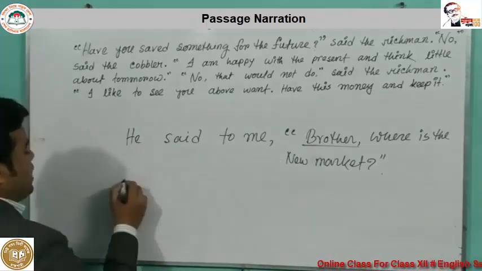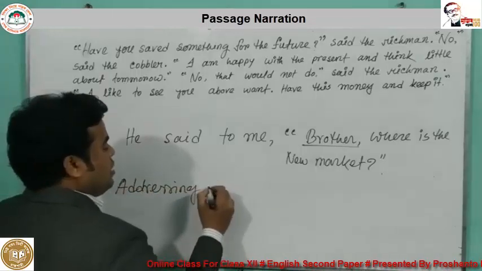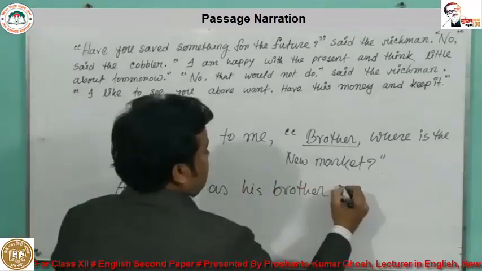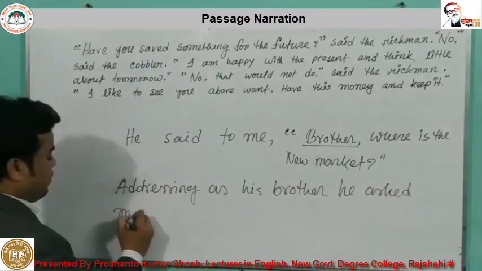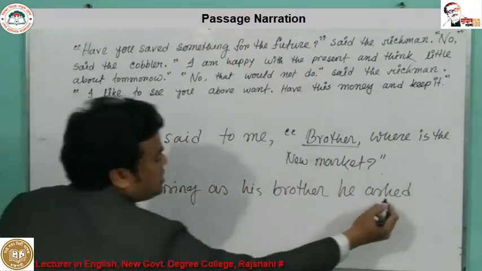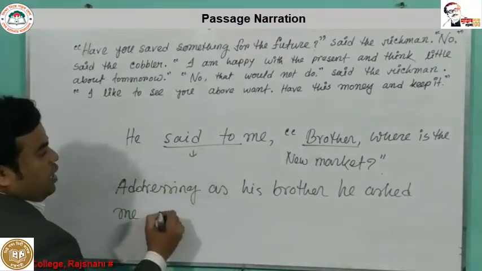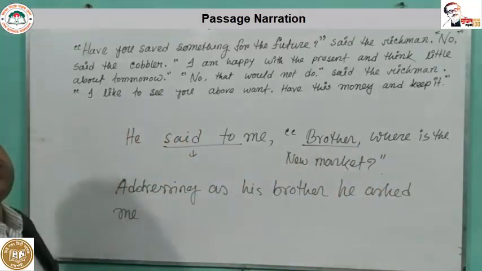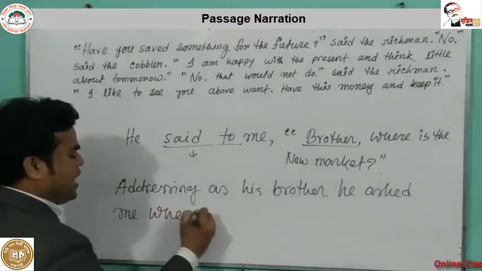That is, addressing him as brother, he asked me, because this sentence is an interrogative sentence, and that's why you have to use asked instead of the reporting verb said to. An interrogative sentence starting with a WH word, and that's why you should not use any if or whether. So where will be where.